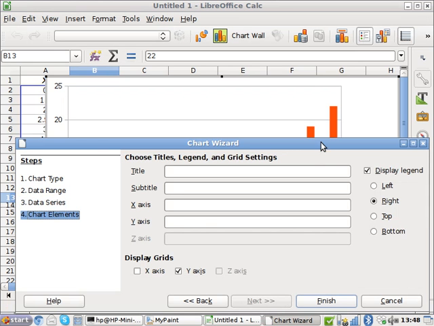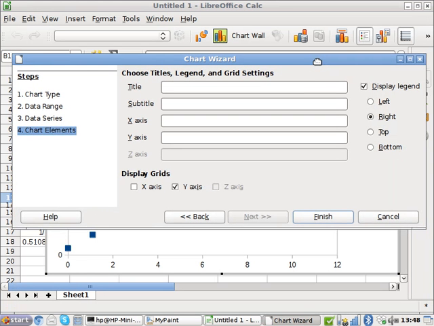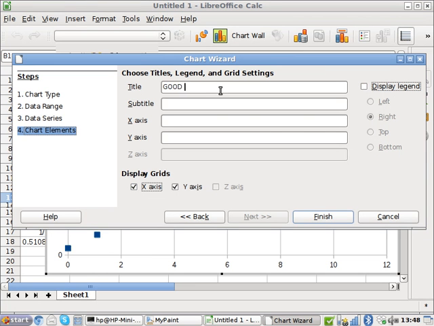Now please listen carefully, because you will lose marks needlessly if you don't. I do not want a legend on the graph. It is totally inappropriate. Get rid of that. Secondly, I want the x and y axis lines displayed. I want a title, a good title, and if you like you can put in some subtitle.